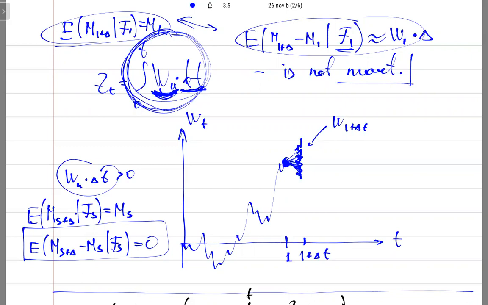It may go up, it may go down, but independently of the information I have, my best guess should be 0. And I have drawn a picture showing that my information is sufficient to predict positive changes in Z. So that is not a martingale. Understood. Thank you very much.